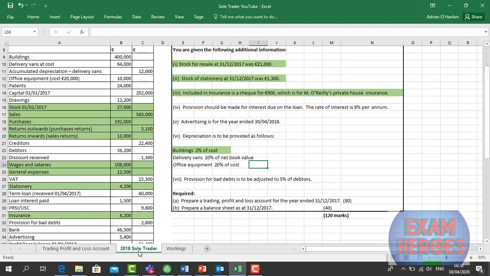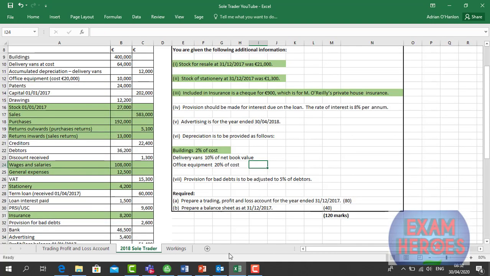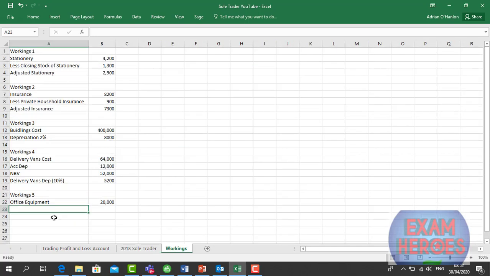It's telling us that it's 20% of cost. So it's just straight 20% of cost, and our equipment cost 20,000 euros. That's equal to 20,000 multiplied by 20%, which is 4,000 euros.